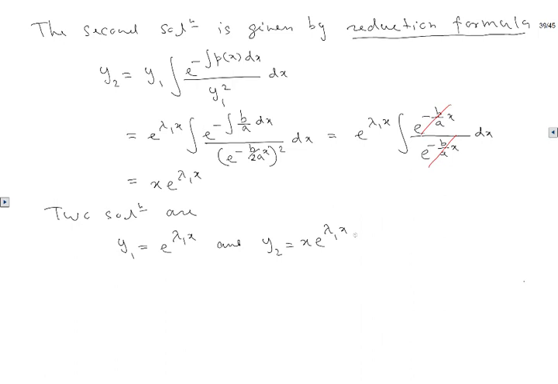So you just multiply by x, and then you can see that they are linearly independent, because you can look at the Wronskian, and you can see that it's never equal to 0, so they are linearly independent. And we also discussed that earlier in the reduction formula. The two solutions are linearly independent. We proved that that's the case.